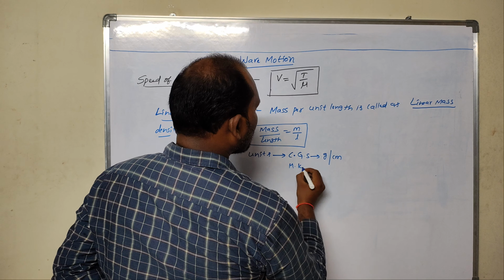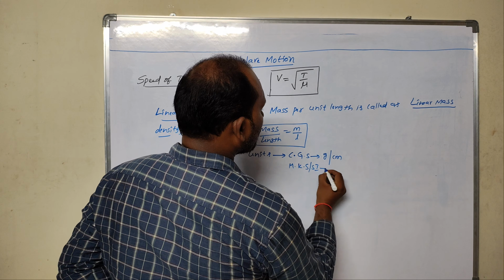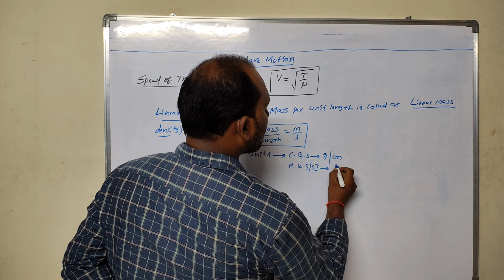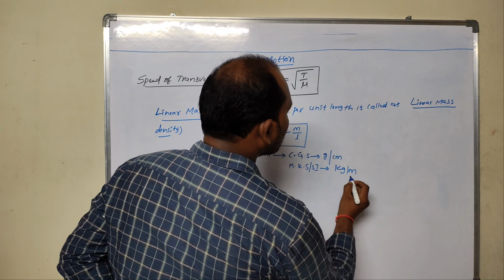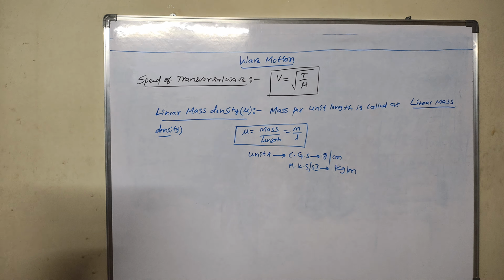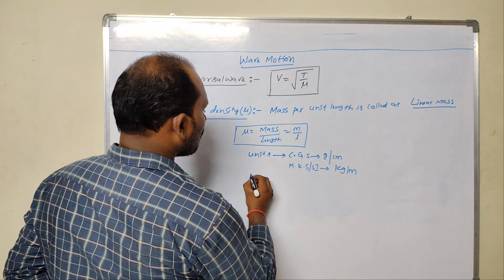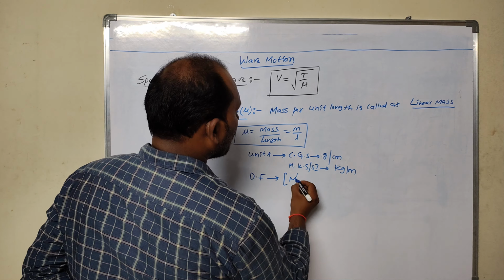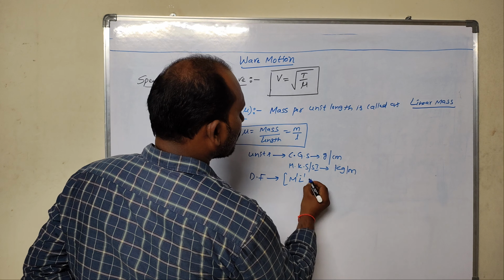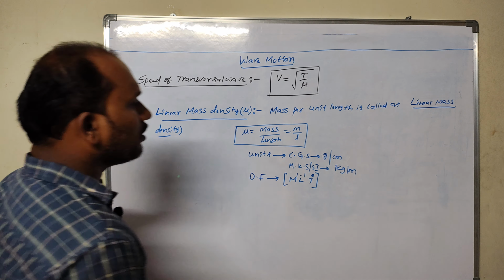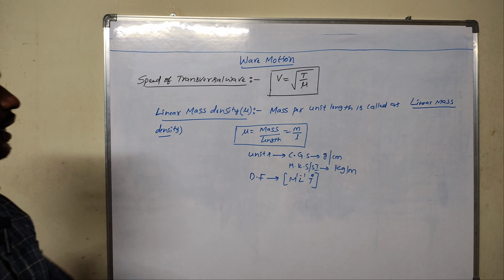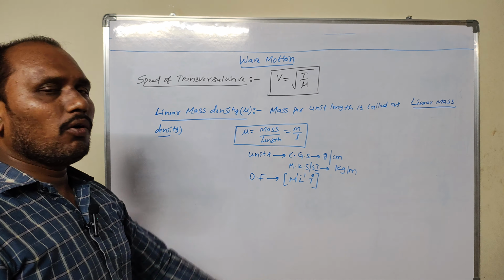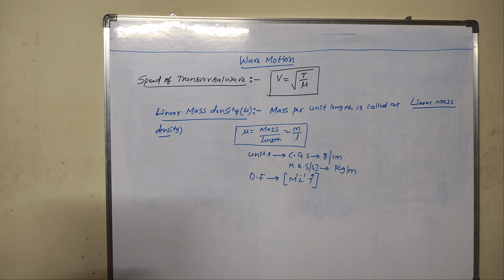Otherwise, in the MKS or SI unit, it is kg per meter. The dimension formula is M to the power 1, L to the power minus 1, T to the power 0.